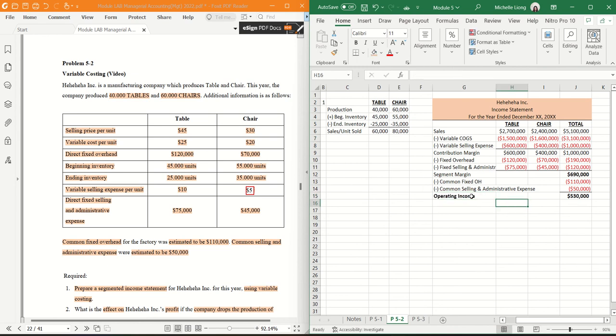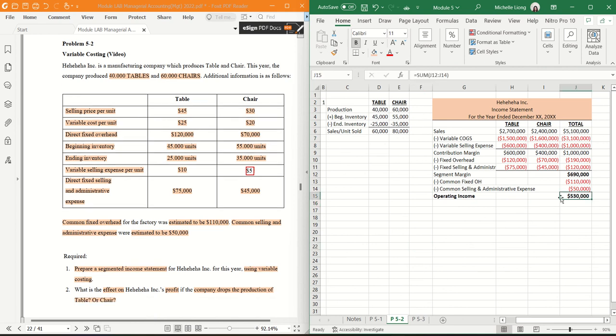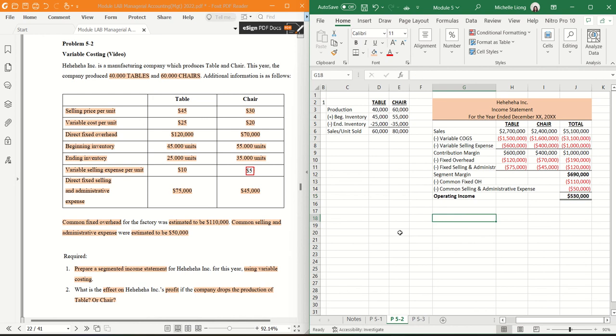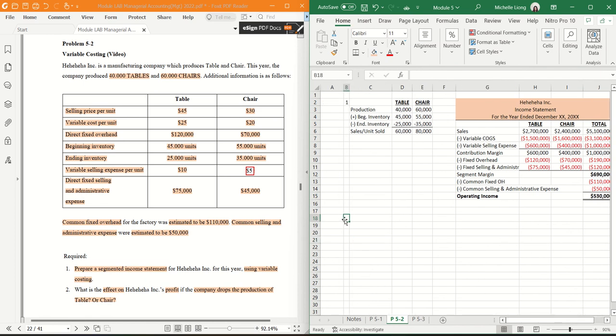And we are done. So this is the operating income for the year. And remember, why do we need to find the segmented one? Because they asked to find the segmented income statement. And the second one, what is the effect if they drop one of the production?